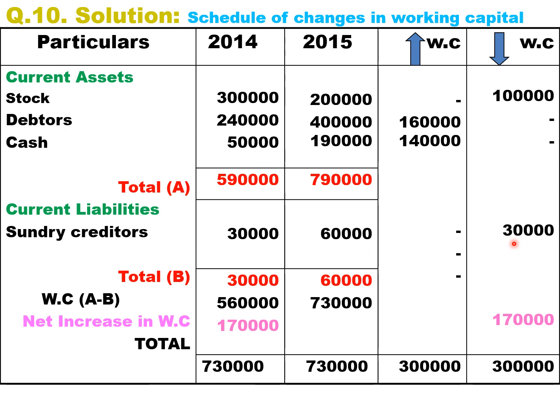Increase in creditors will result in decrease in working capital. Then total current liabilities of last year 30,000, current year 60,000. So current assets minus current liabilities, you get working capital. Last year working capital 5,60,000, current year working capital 7,30,000. So compared to last year, in the current year there is an increase in working capital of 1,70,000. So 1,70,000 is the total increase in working capital in the current year.